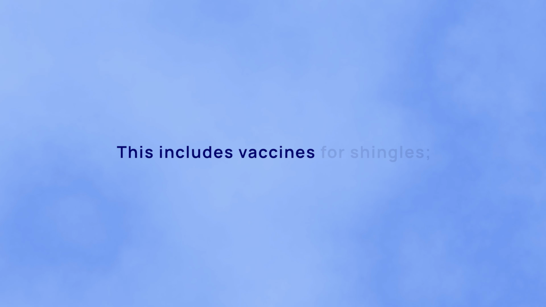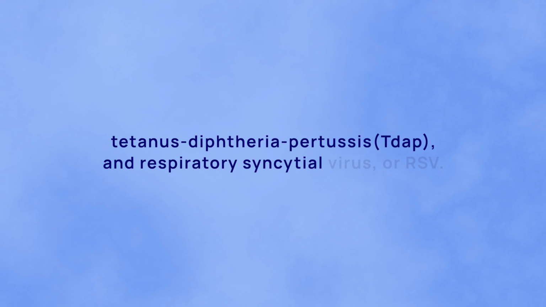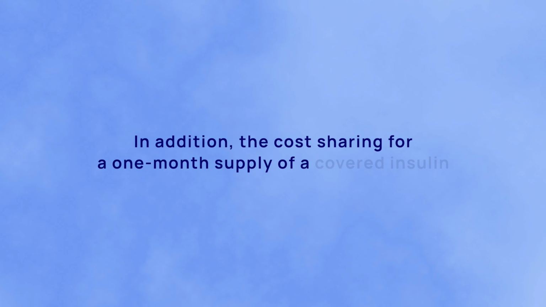This includes vaccines for shingles, tetanus diphtheria pertussis, TDAP, and respiratory syncytial virus, or RSV. In addition, the cost sharing for a 1-month supply of a covered insulin product cannot exceed $35, regardless of which phase of coverage the beneficiary is in.